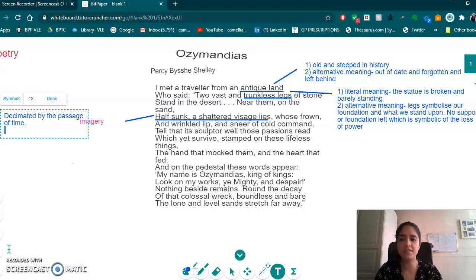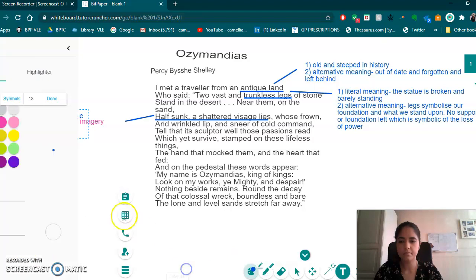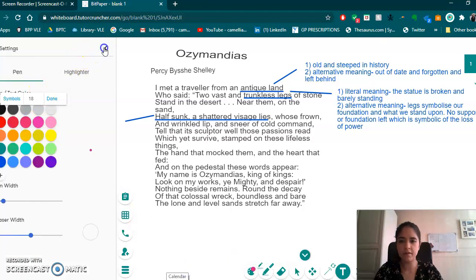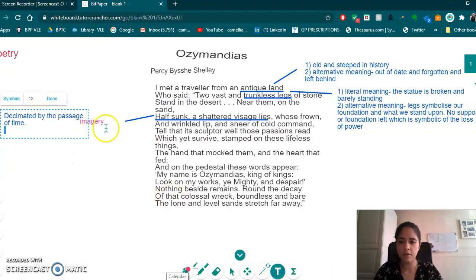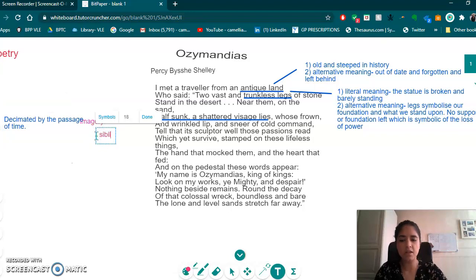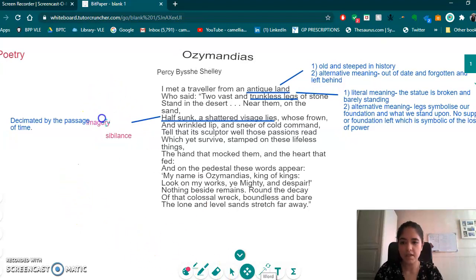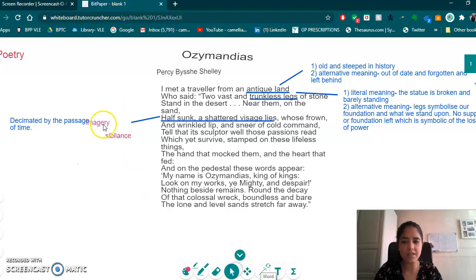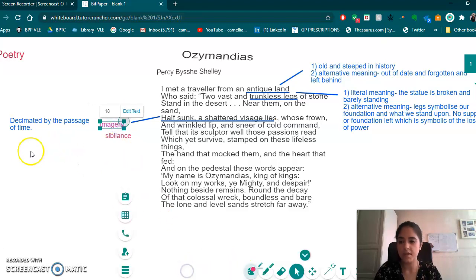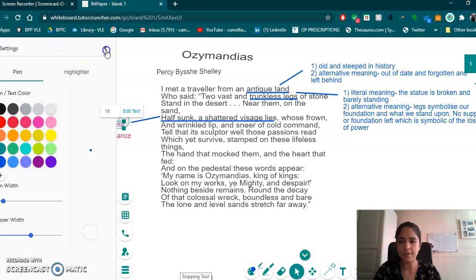There's also a lot of sibilance, which you can see right here. That's another language technique when there's repeated S sound. So here the S sound is half sunk and shattered visage lies, a lot of sibilance. Now what that sibilance achieves essentially is it slows the reader right down. So let's write that up.